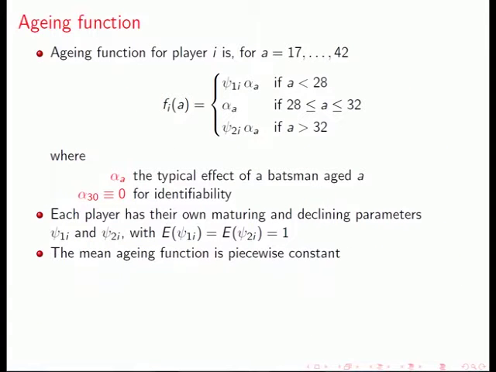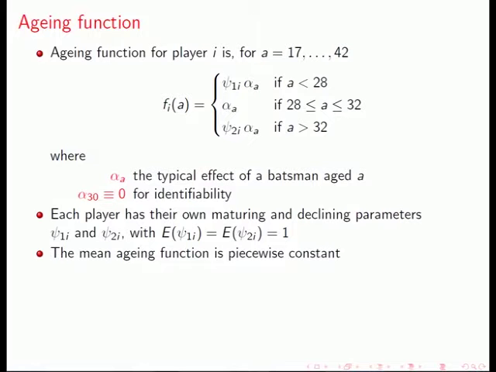So this is an aging function. So A here is the age, going from 17 to 42. And let's have a look at it. What it's saying is that alpha A is the average age ability, the effect on the runs scored of someone aged A. So there's an overall mean function without these psi's in, and it's a piecewise constant function.